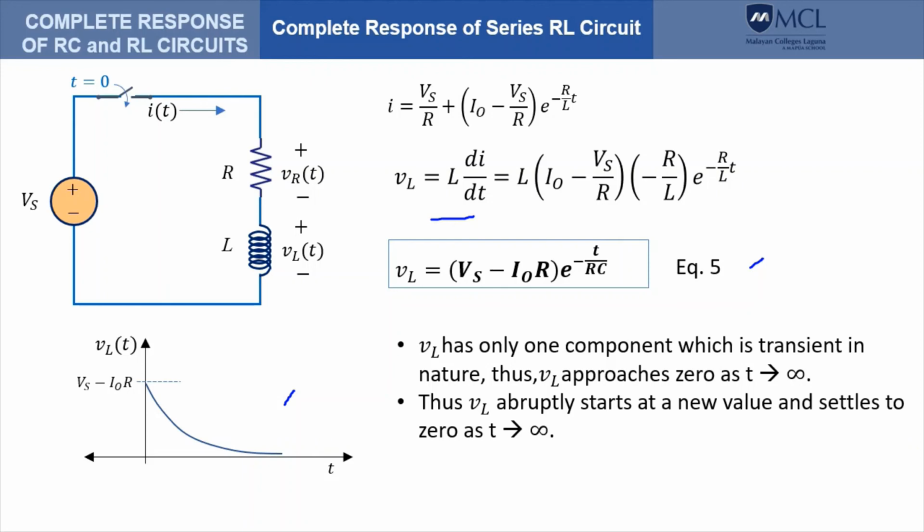This voltage also abruptly changes from a 0 value before the switch is closed. It jumps to this value and it starts to decay after that, and goes to 0 as time increases.